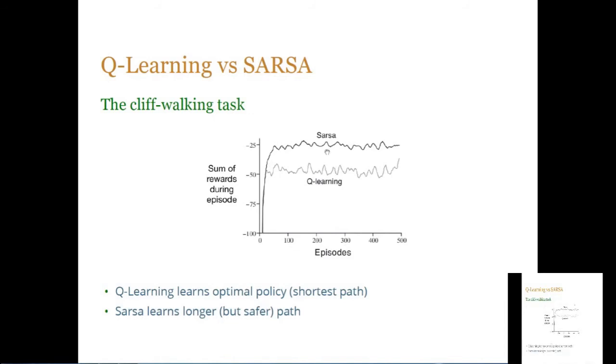So overall, the average reward that SARSA will find will be higher. And this illustrates this difference between on-policy and off-policy methods. So off-policy methods usually find the optimal solution, but their policies sometimes perform worse, like in this case.